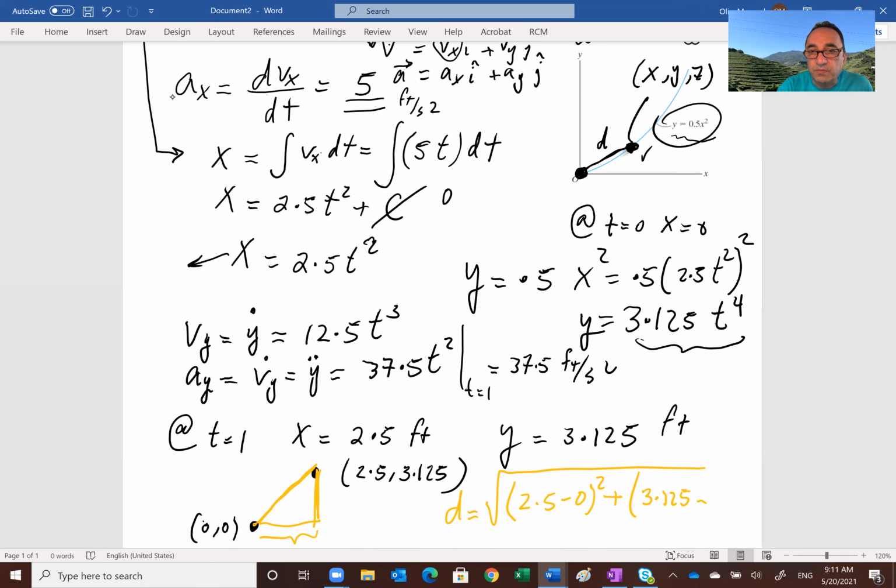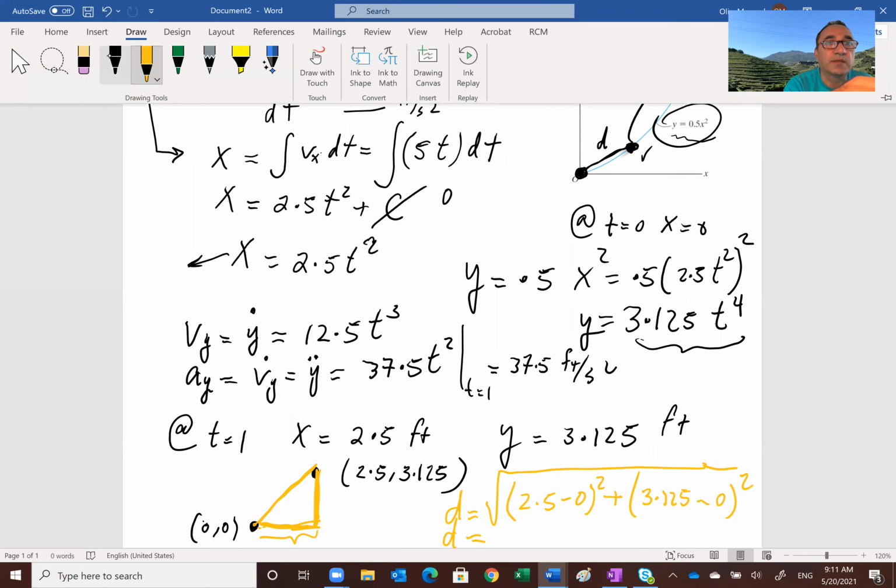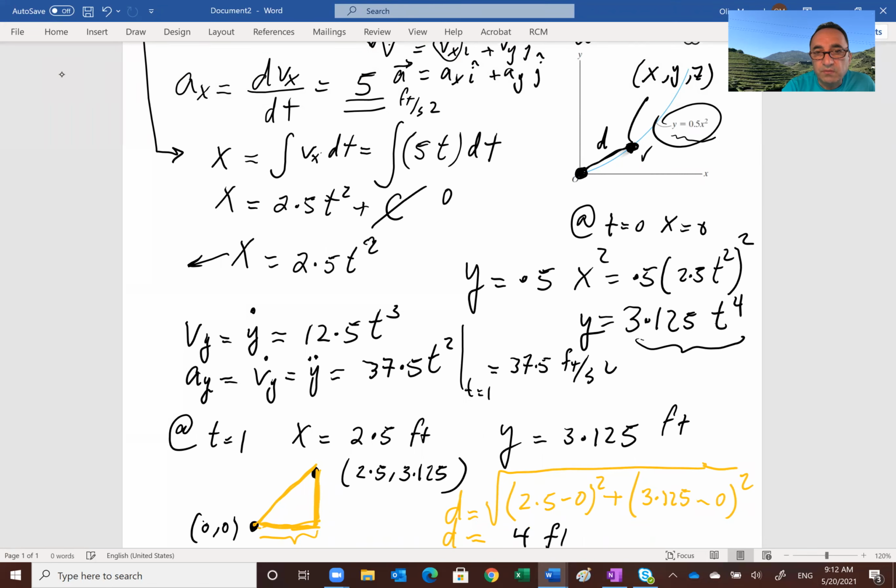I was just going to skip that squared, right? Because this is the 2.5 and this is 3.125, right? And what is the answer? Let me go back to black. The answer, I have it here. Actually, it comes out to be exactly 4, which is interesting. Nice number.